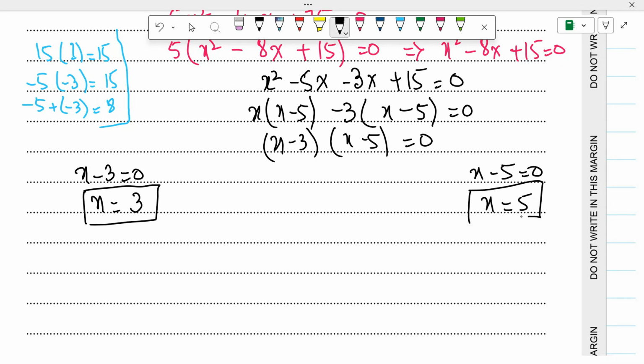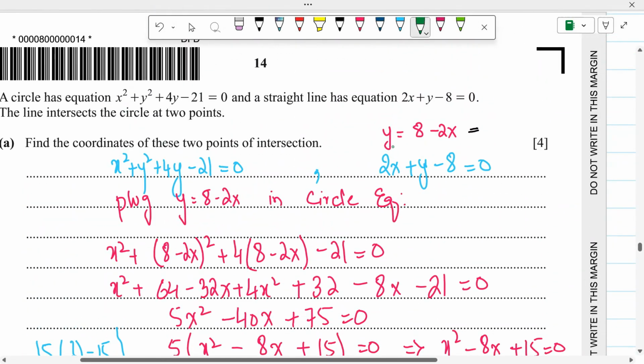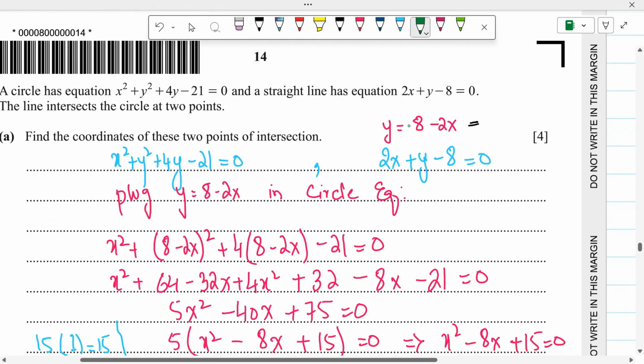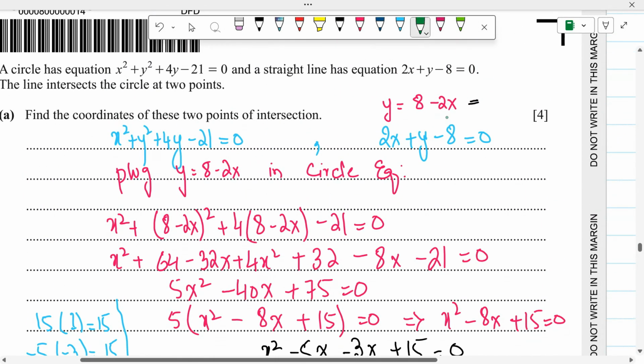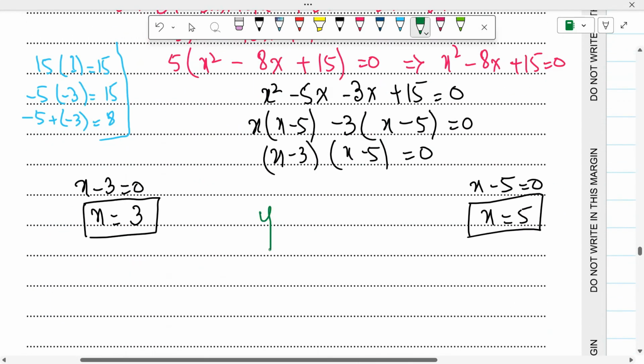So we have calculated the x coordinates of the points of intersection, and we need to find the y coordinates. We know the equation of the line is y = 8 − 2x. Plugging in the x coordinate, we can get the y coordinate.